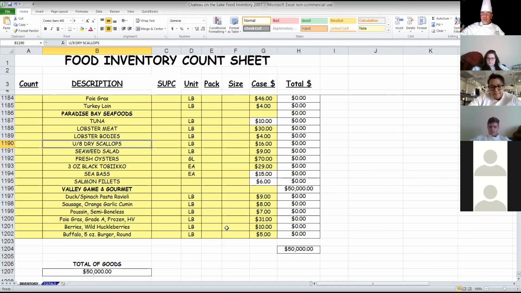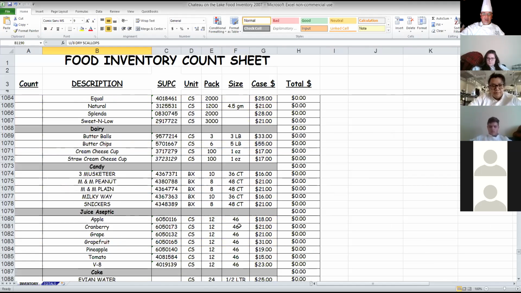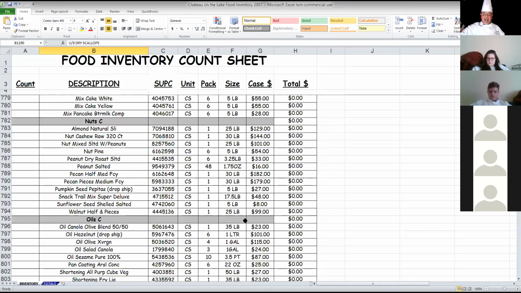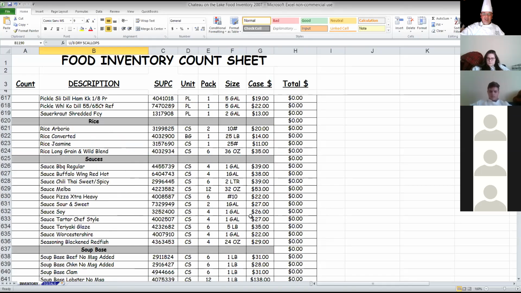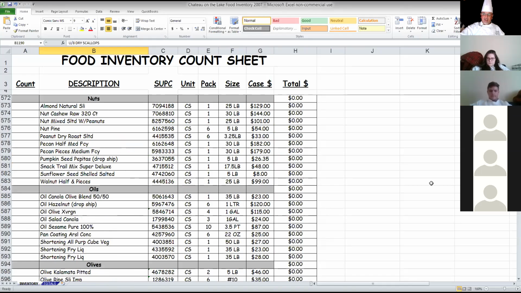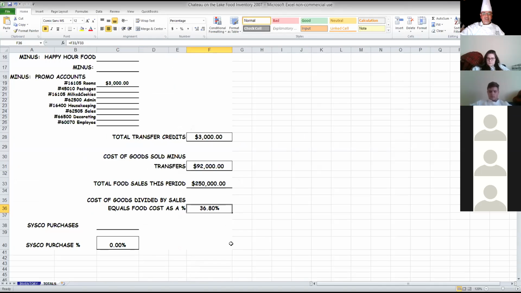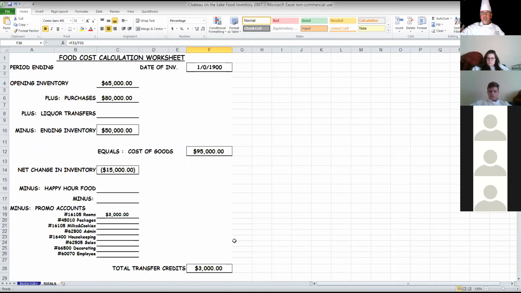Beautiful thing about this inventory sheet, the one I labeled Chateau de Lake in Branson, the one you guys got. I know you guys might have talked about P&L statements and food inventory. On the second tab, this one is already built in to calculate your food cost percentage at the end of the month.